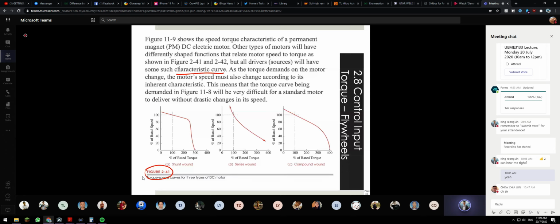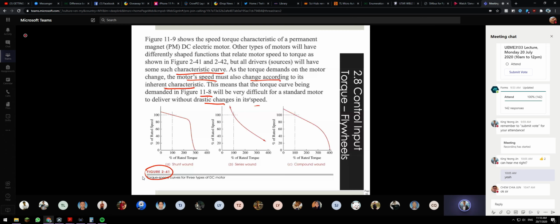As the torque demand on the motor changes, the motor speed must also change accordingly, because this is its own characteristic. This means that the torque curve being demanded in figure 18-8 will be very difficult for a standard motor to deliver without a drastic change in speed.